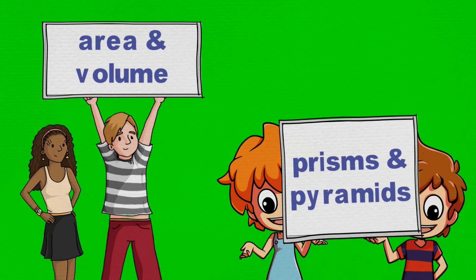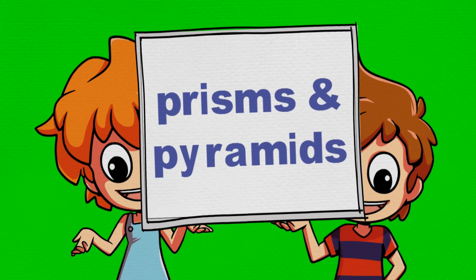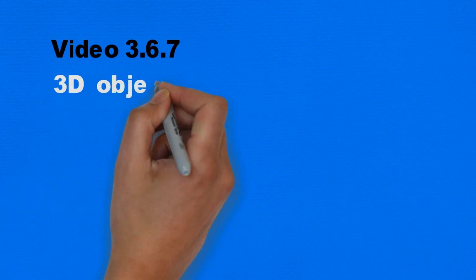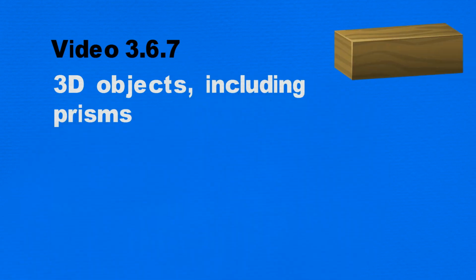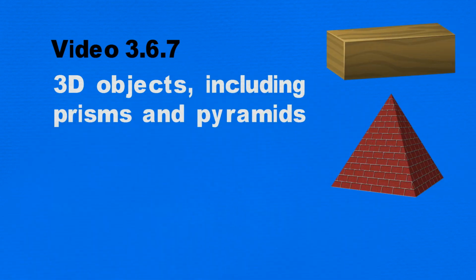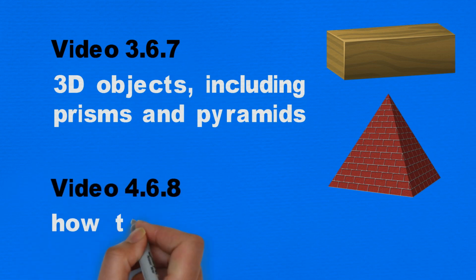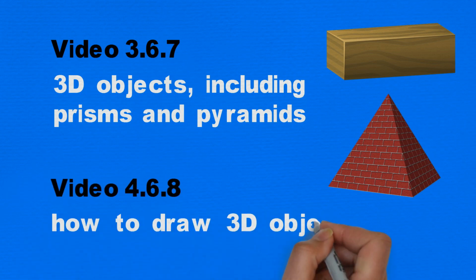The twins had to write questions and answers for the topic Prisms and Pyramids. In video 3.6.7, their granddad had shown them all kinds of 3D shapes, that is, solid objects, including prisms and pyramids, and he had even taught them how to draw them in video 4.6.8.